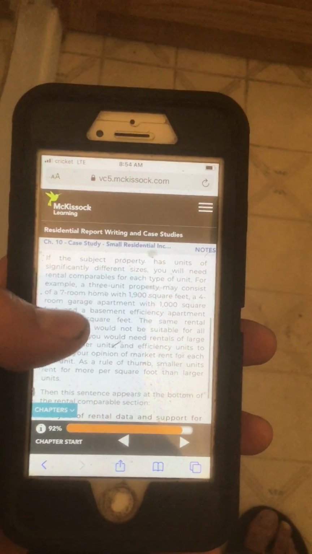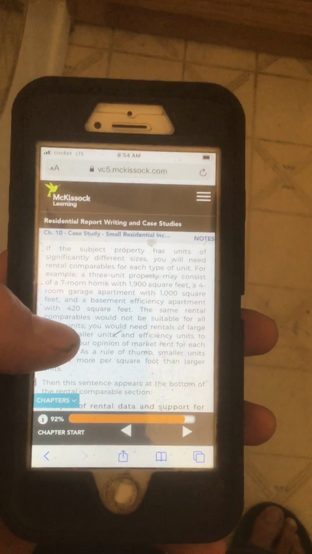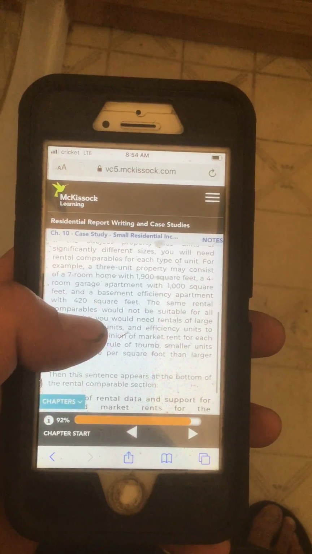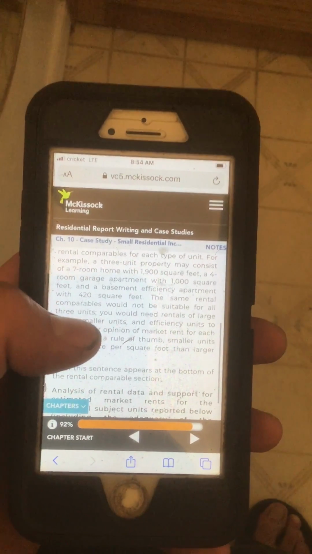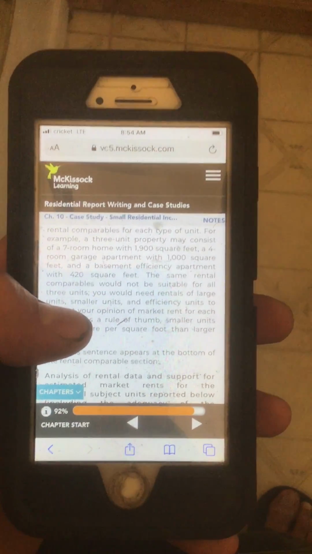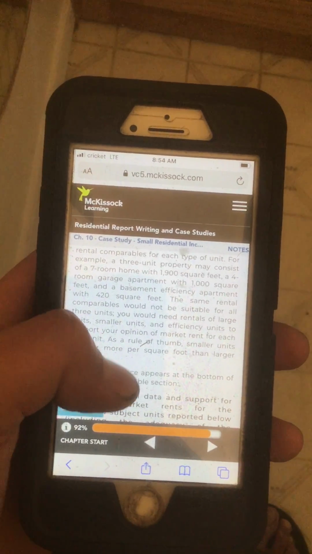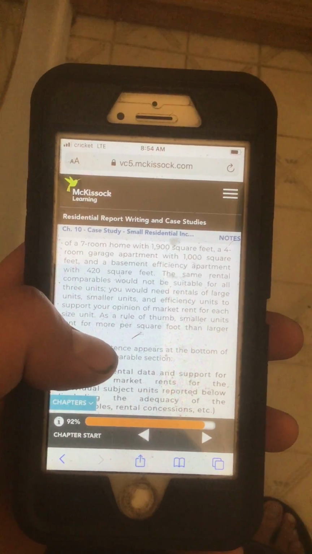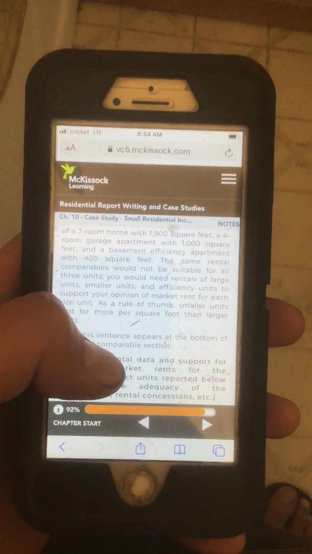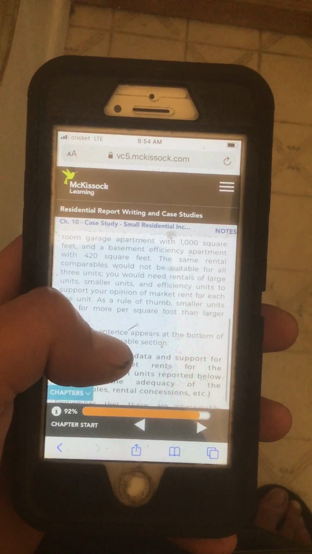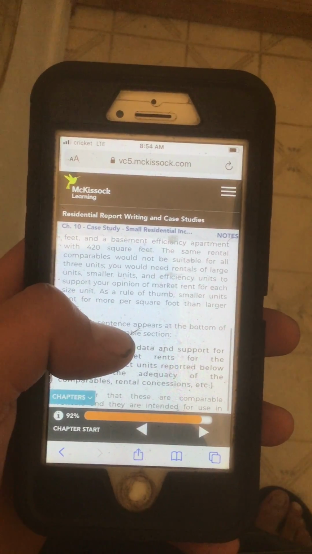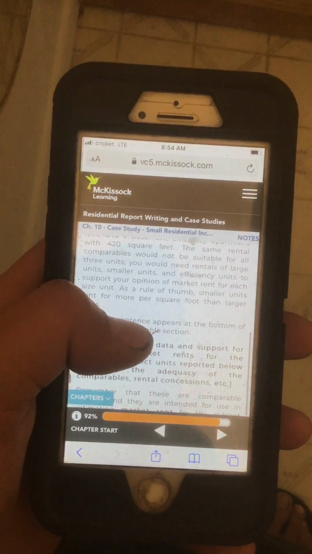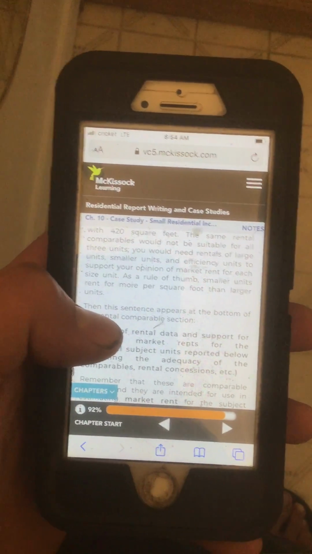a rental comparable. If the subject property has units of significantly different sizes, you will need rental comparables for each type of unit. For example, a 3-unit property may consist of a 7-room home with 1,900 square feet, a 4-room garage apartment with 1,000 square feet, and a basement efficiency apartment with 420 square feet.